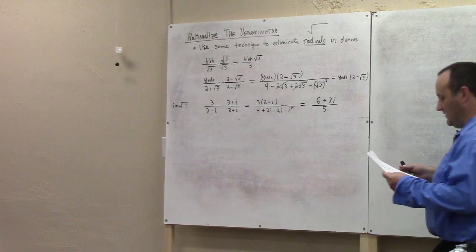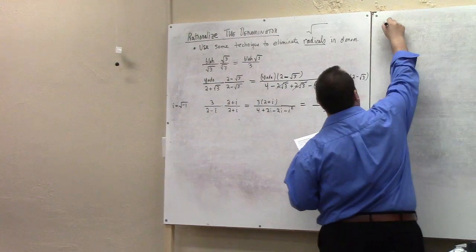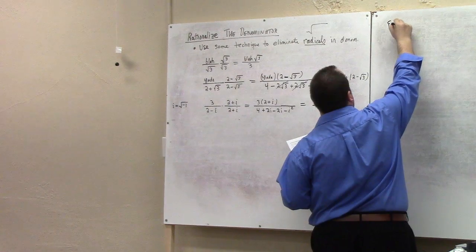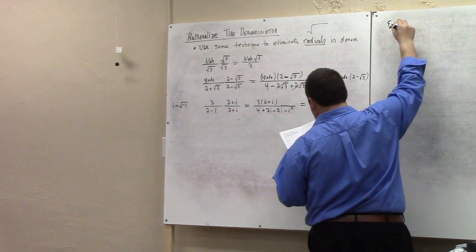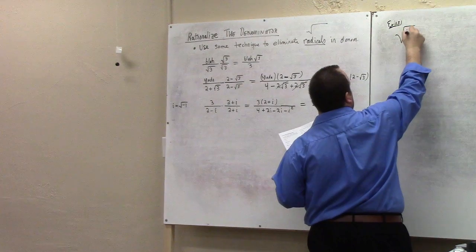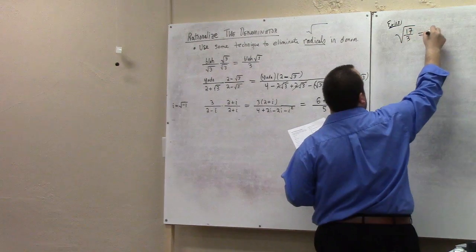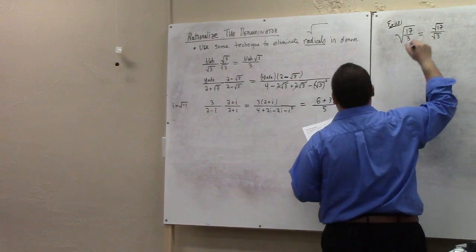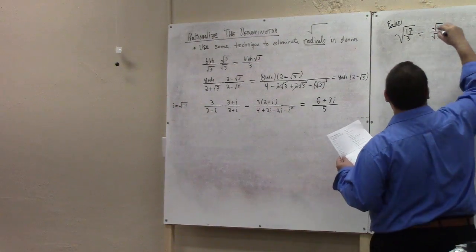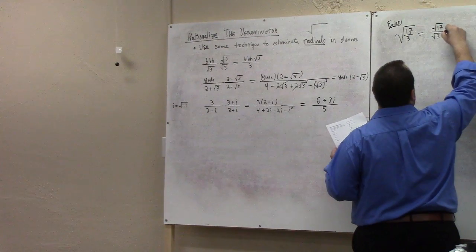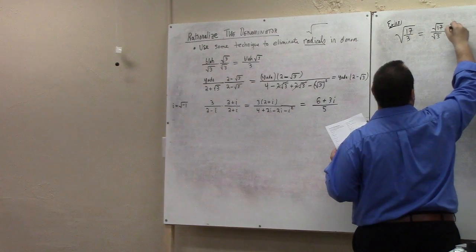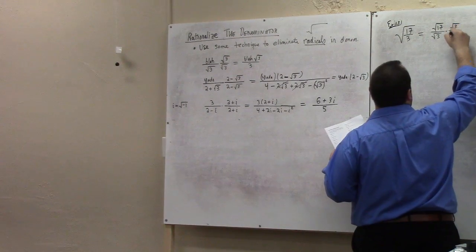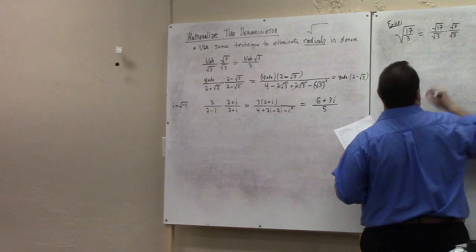The first one's pretty easy. Exercise 18. Square root of 17 over 3. So this is actually like square root of 17 divided by square root of 3, just to point out it's really the same as my first example. So you said multiply by 3? But remember, we can only multiply by 1, right? But your 1 is going to be square root of 3 over the square root of 3, right?